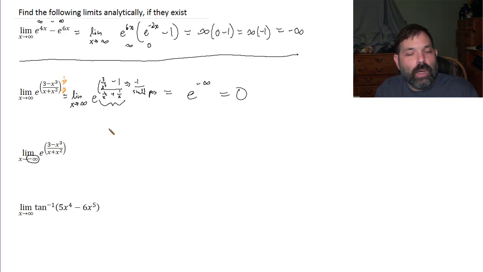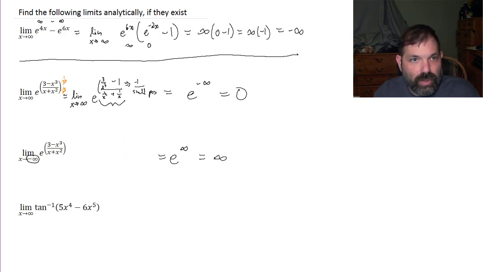Now, 1 over x squared is a very small positive number, but 1 over x is a small negative number. And so this becomes e to the positive infinity, which is infinite.